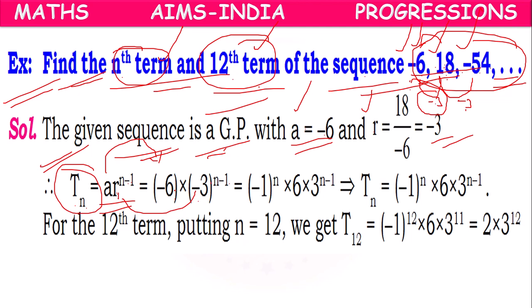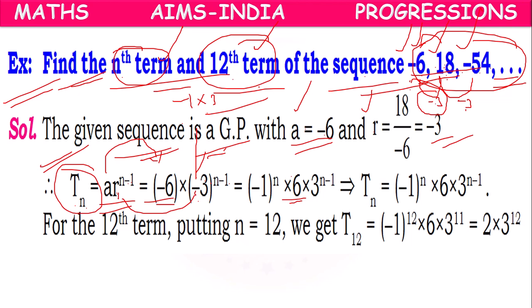Here, the a value is minus 6. What we have done is written minus 3 as minus 1 into 3.